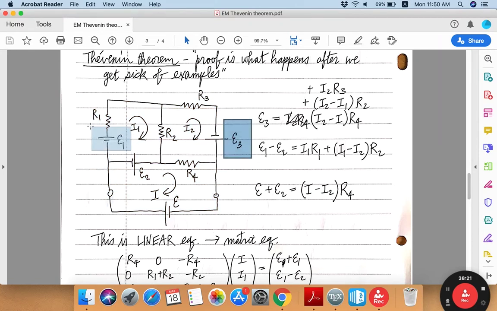Here I have three different voltage sources, E1, E2, E3, and a couple of resistors, R1, R2, R3, R4. And then I create these nodes, which I then connect to another external voltage source with voltage epsilon here.